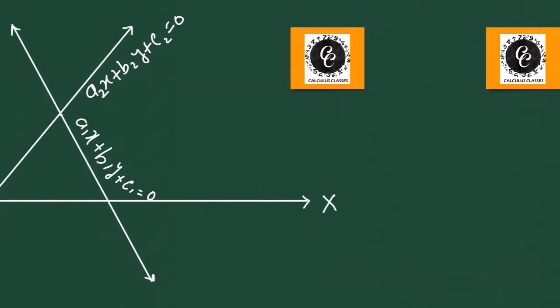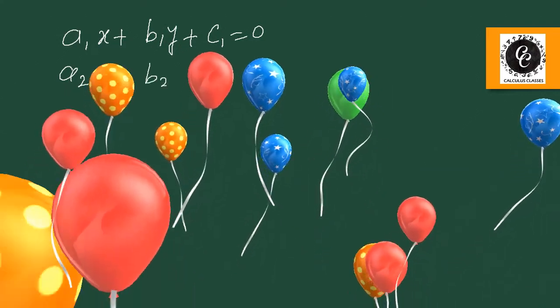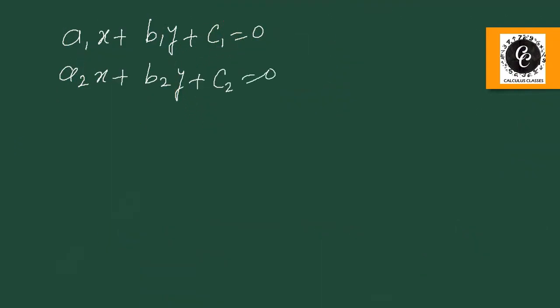Here, if someone asks what the algebraic condition of unique solution is, then, although in this section I am emphasizing the graphical method only, the condition is that a1 upon a2 is not equal to b1 upon b2.